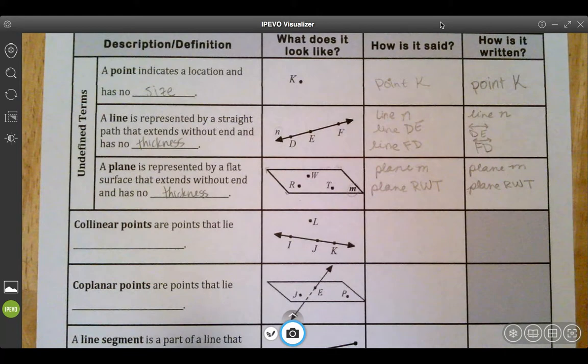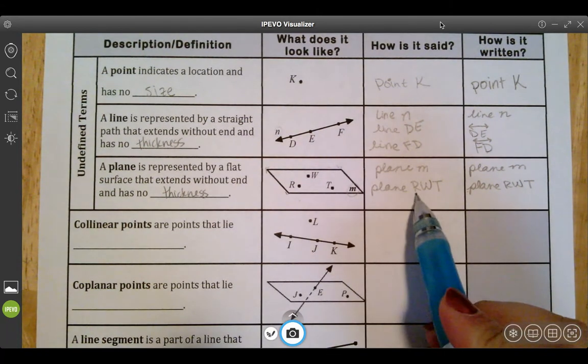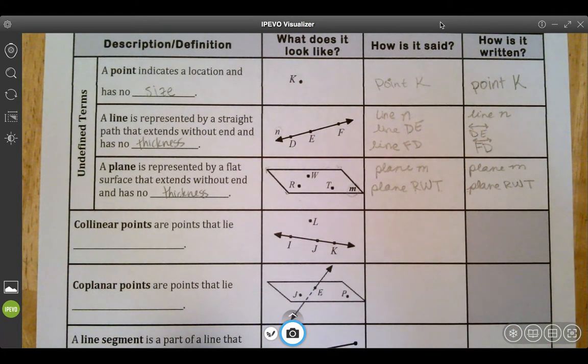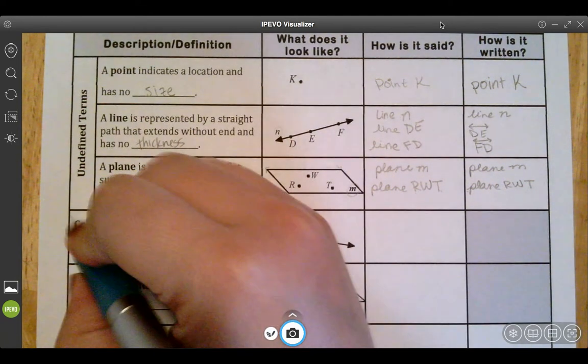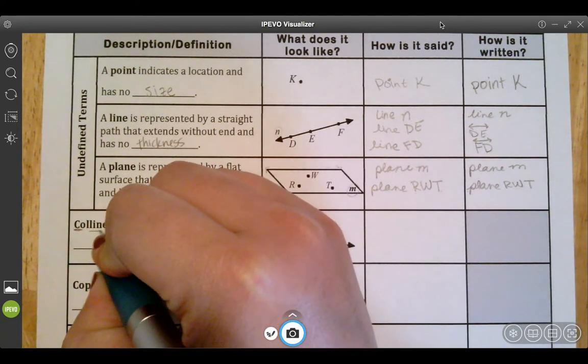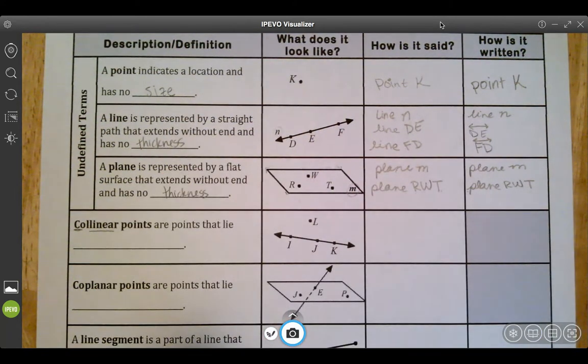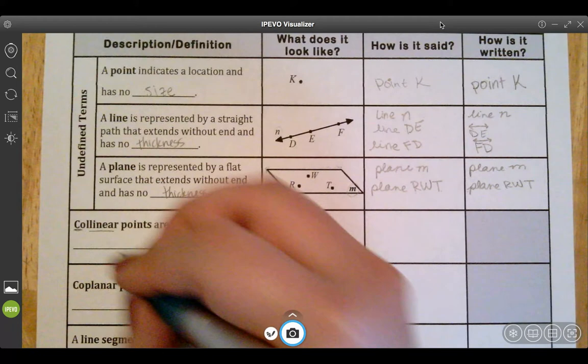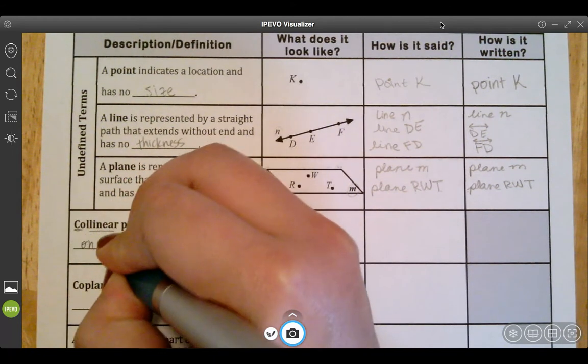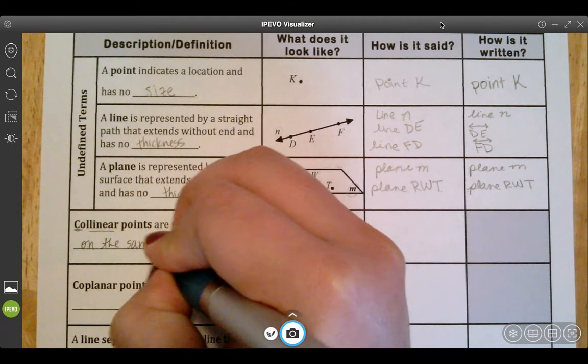So in defining a plane, we said if we wanted to describe a plane using 3 points on that plane, they have to be non-collinear. So what is collinear? Well, co means together, linear is a line, so they're together on the same line. So collinear points are points that lie on the same line.